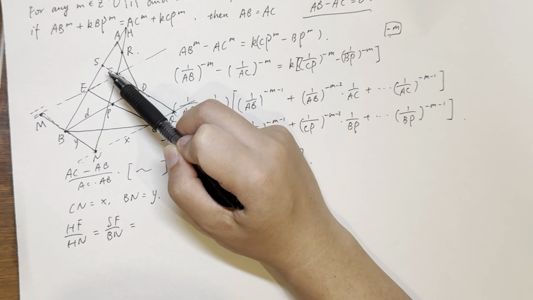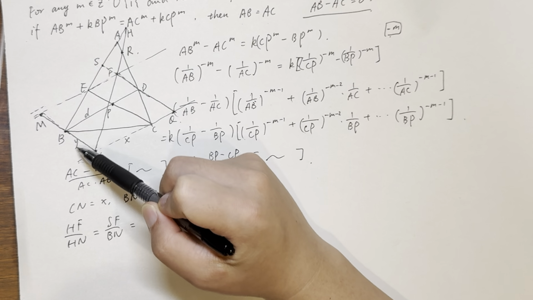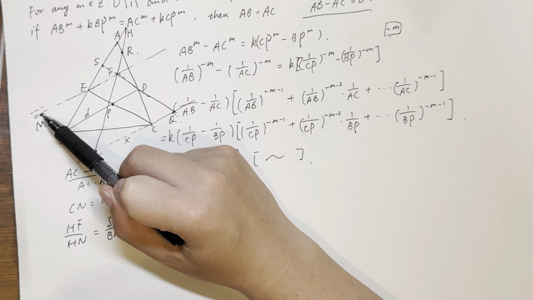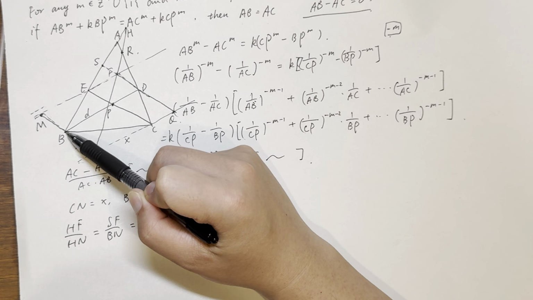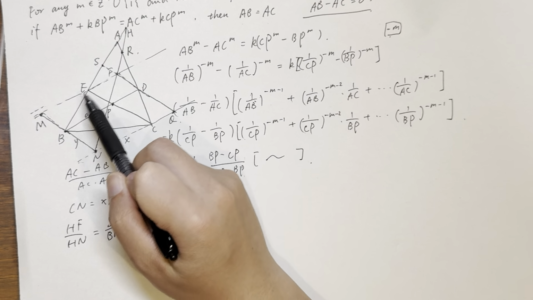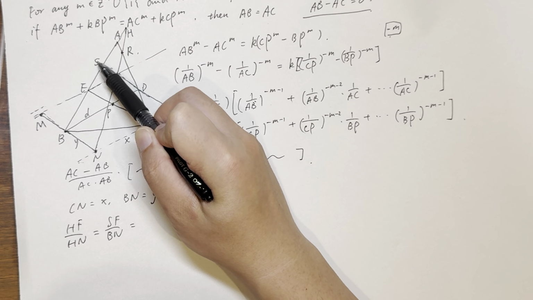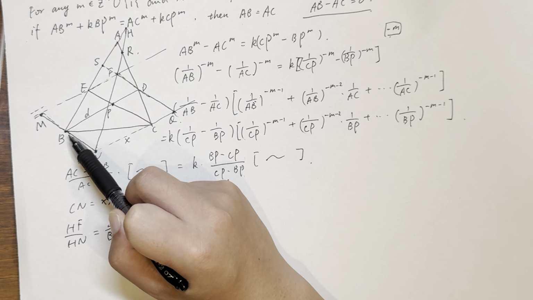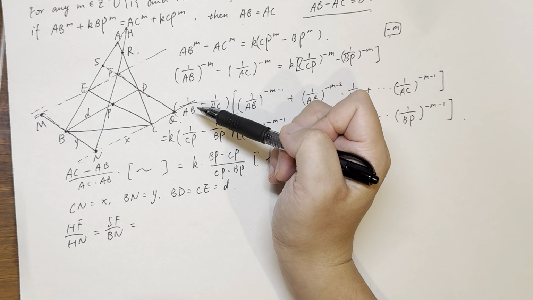MB. Because SF is parallel with MB, and MF and BS are segments, it's obvious the triangle SEF is similar to triangle BEM, right?